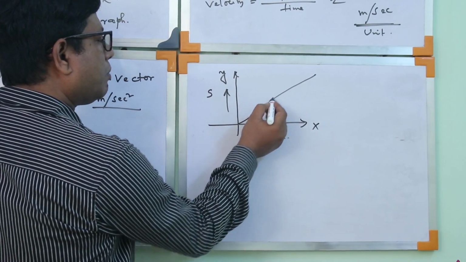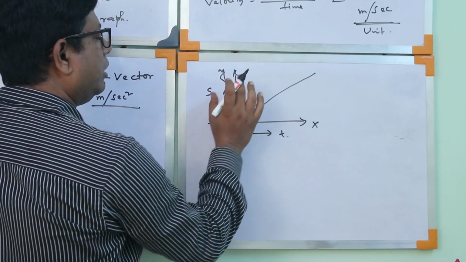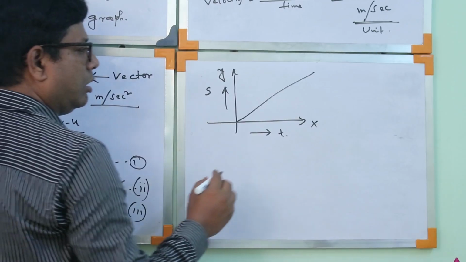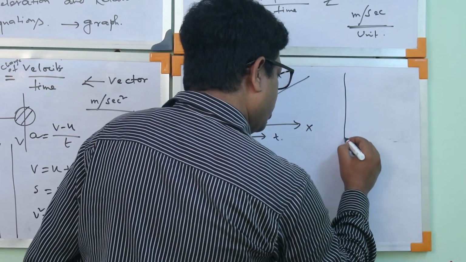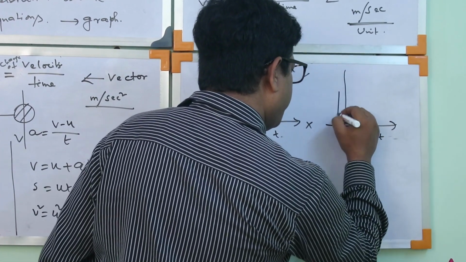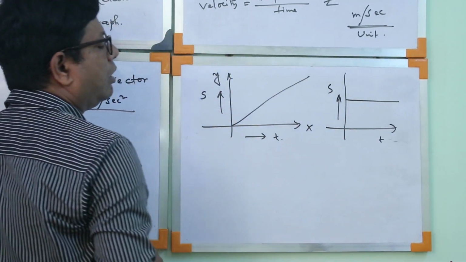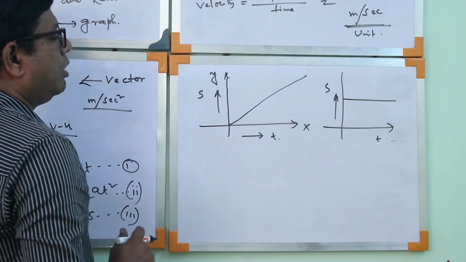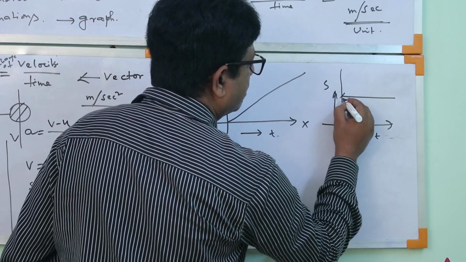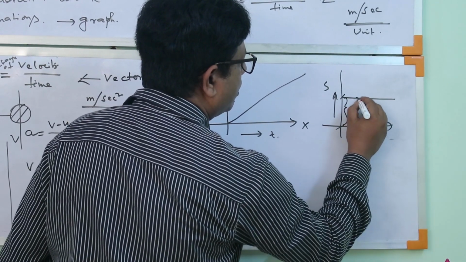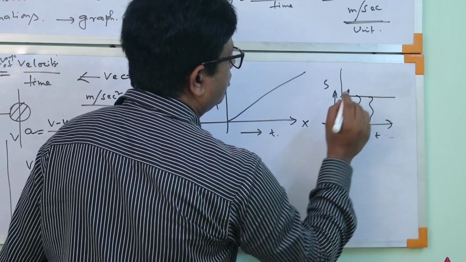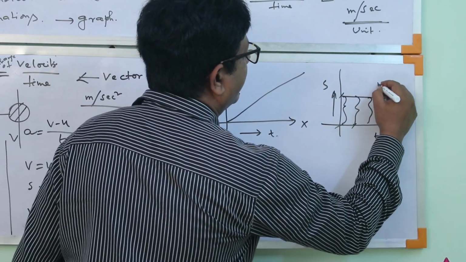Time increases, displacement increases. Now suppose time and displacement: at time 0 the displacement is this, at time 1 displacement is the same, at time 3 displacement is the same, that means the body is in rest condition.